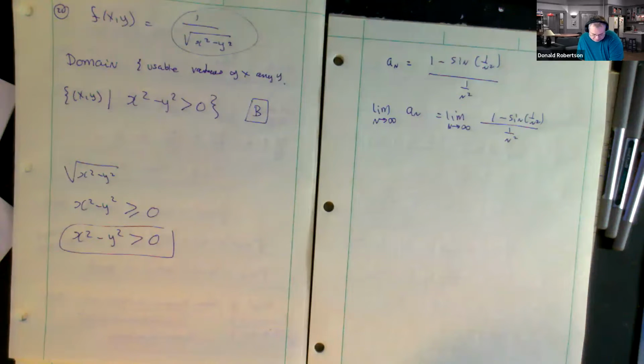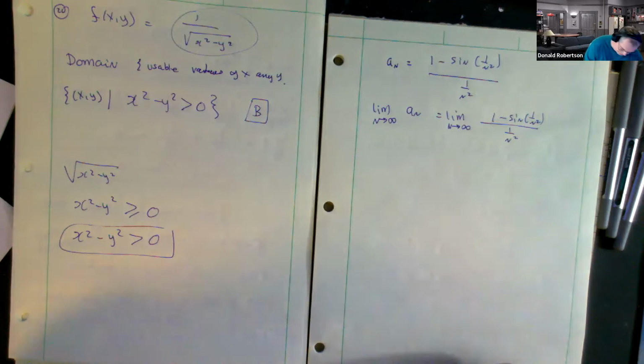You should check very carefully that it is possible to use L'Hopital's rule, because it looks like it should be L'Hopital's rule, agreed? But let's brute force it and find out.